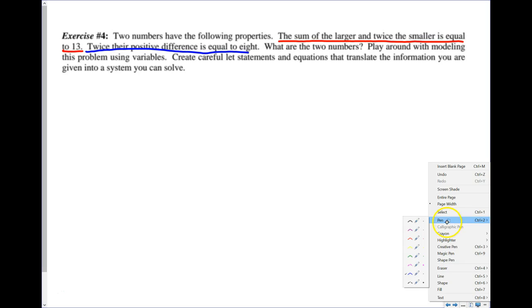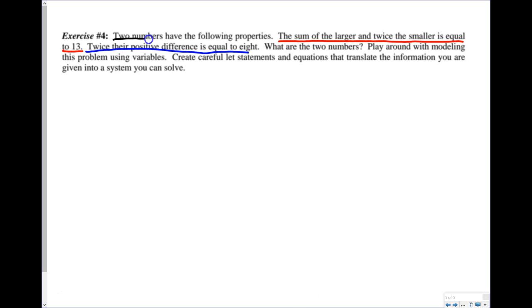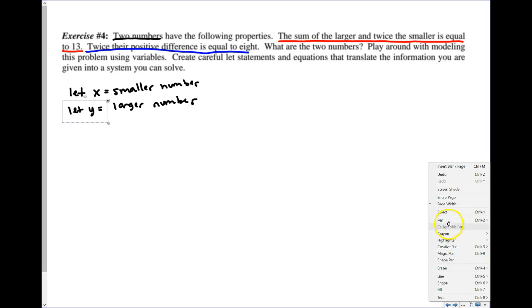So let's make 2 variables because we're working with 2 numbers. Okay, so I'm going to say that let x be the smaller number because one number is bigger than the other. And I'm going to let y be the larger number. And now I'm going to write 2 equations based on those 2 things I underlined.